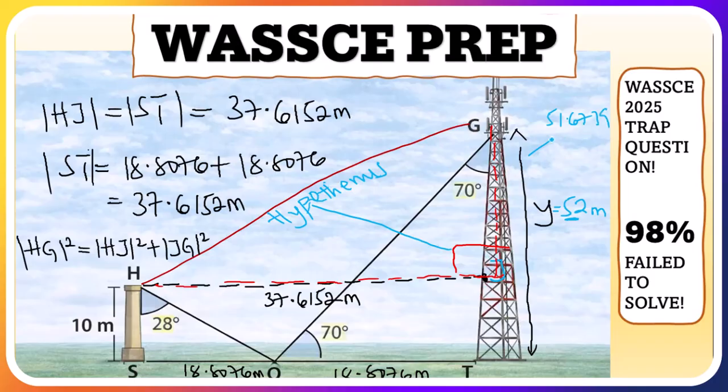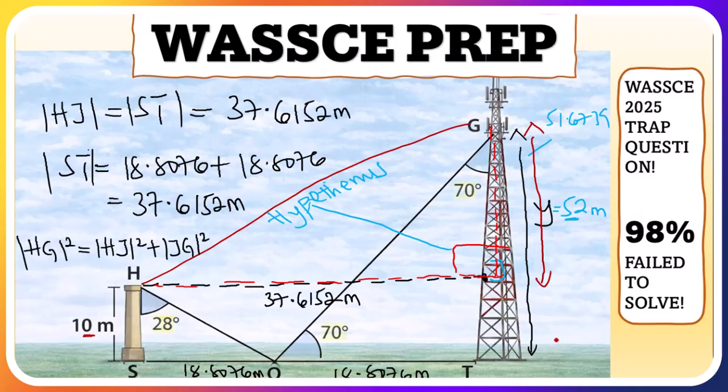So the whole of this length was 51.6739, but we want a portion of that, which is from G to J. From J to T we know it to be 10, because the height of the pillar is also equal and parallel from H to T. So this is also 10 meters.